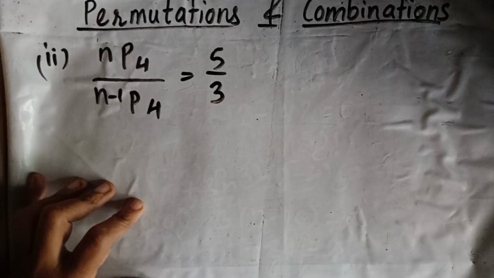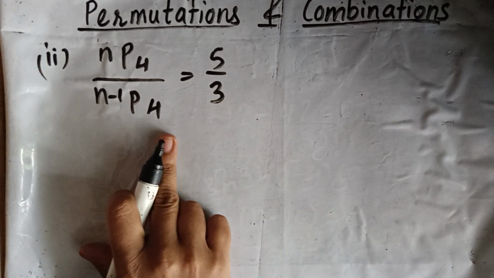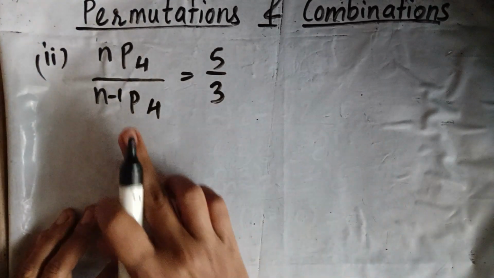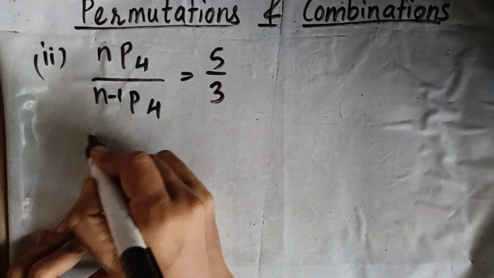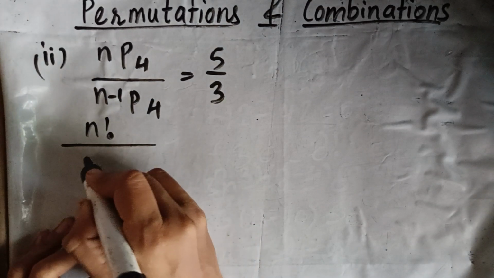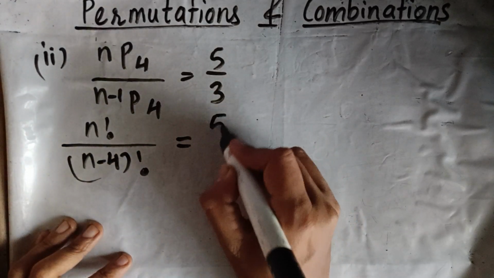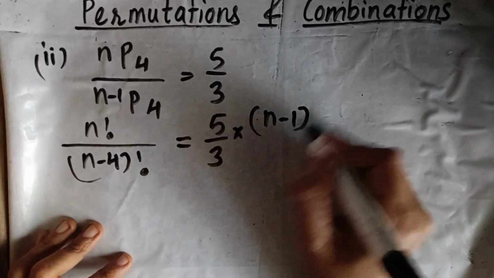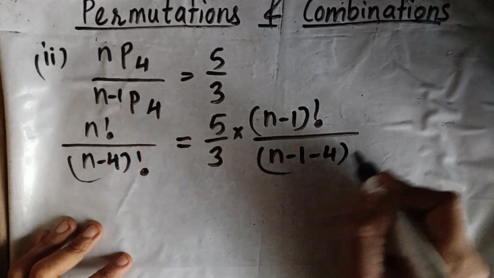Okay. Second question, nP4 upon n minus 1 P4 is equal to 5 by 3. Same way you have to solve. So I can take this here. I'll write this as n factorial upon n minus 4 factorial equal to 5 by 3 into n minus 1 factorial upon n minus 1 minus 4 factorial.